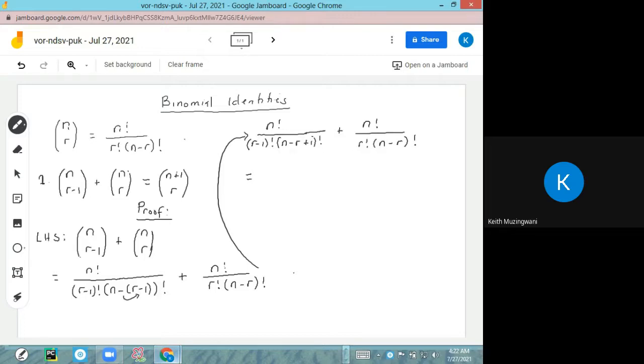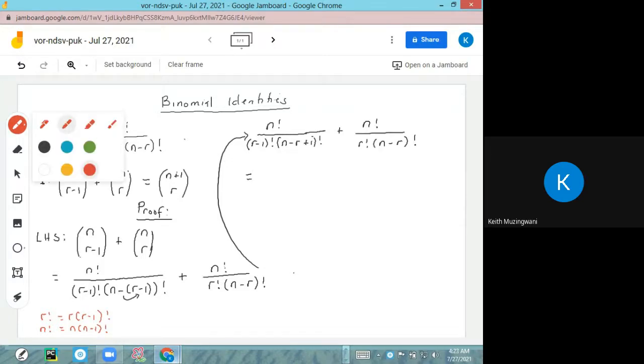So you want to get the common denominator here. So what do you do? Now remember that by definition we said r factorial can be written as r multiplied by r minus 1 factorial, and n factorial can be written as n multiplied by n minus 1 factorial. We agreed that you can write it in any way, provided that wherever you end, you put a factorial.